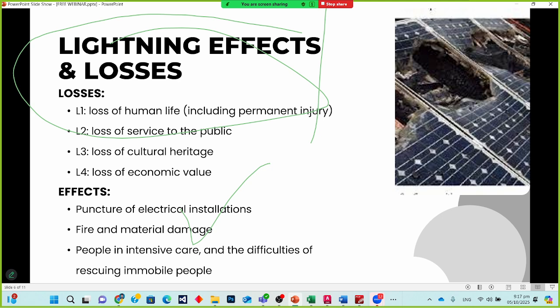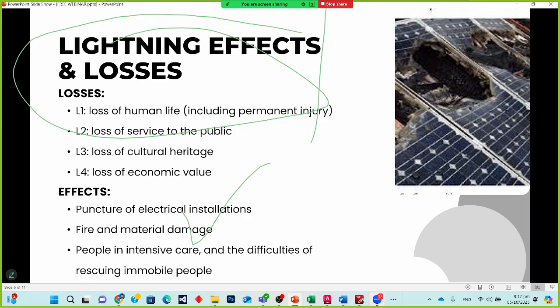The third one is the loss of cultural heritage, where heritage is present in the area and the lightning flashes. And the last one is the loss of economic value, where the economic value goes down due to the striking. These four types of losses occur due to the four types of sources available in that area, which I discussed in the previous slides.